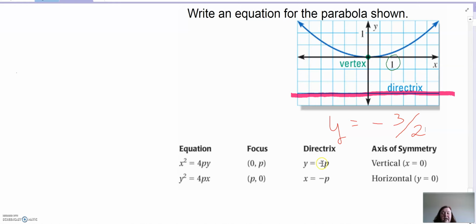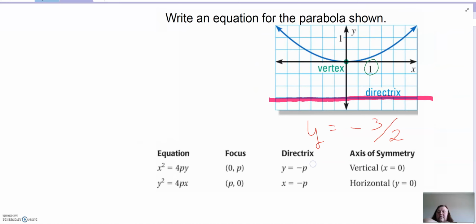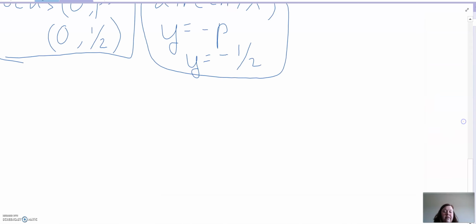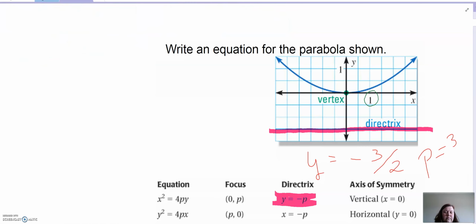Because if we look, we have this equation here: y equals negative p. So if y equals negative p and we just said y equals negative 3/2, p is going to have to be 3/2. Okay. Now we also notice that our parabola is opening up, which makes sense that we're going to use x squared equals 4py, because when we deal with x squared, it opens up or down.